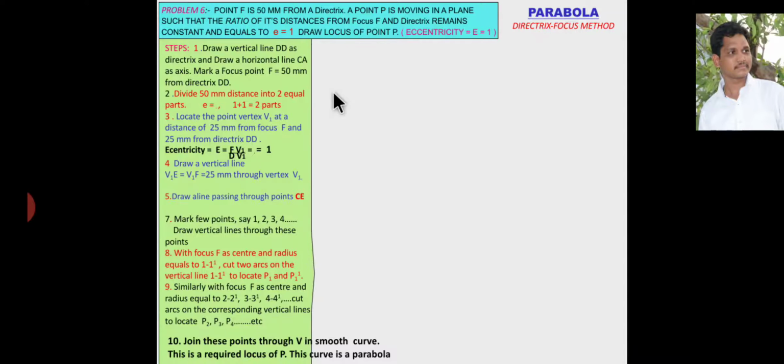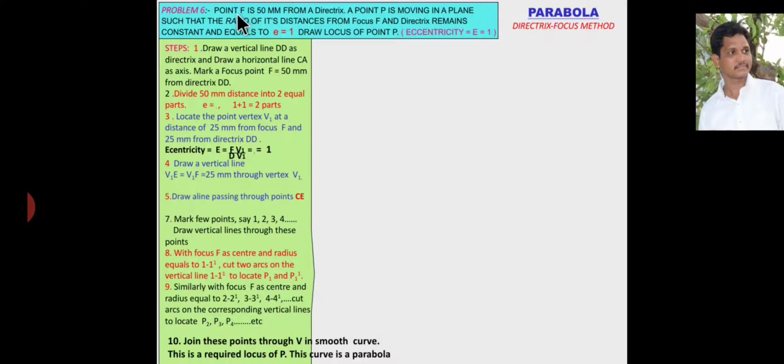In the given question the eccentricity is equal to 1, therefore it means you have to draw a parabola. Here from the given data the distance between fixed point and directrix is 50 mm.